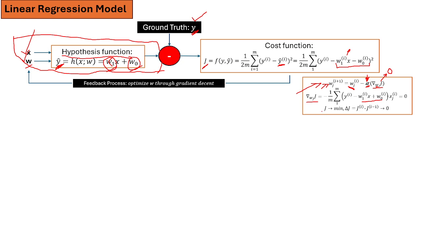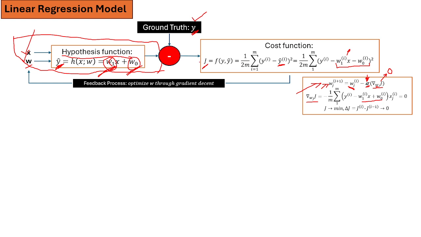Eventually, when we get stable values of the weights, these will be the optimized values of W1 and W0. When W1 and W0 are optimized, the value of y hat would be very close to y, and that is our linear fit, the best linear fit that we can get.